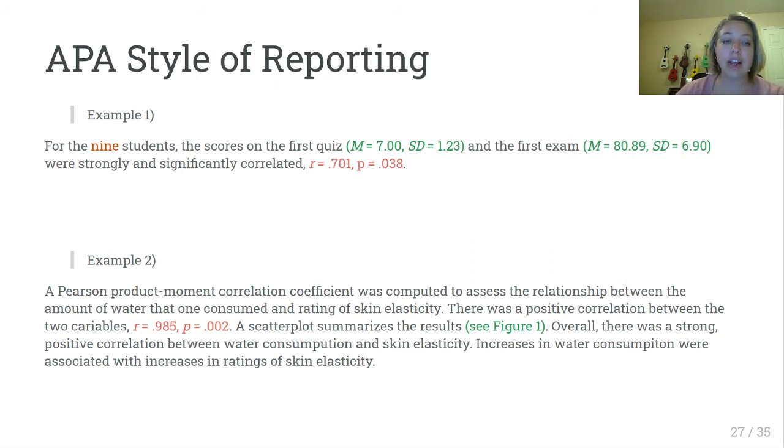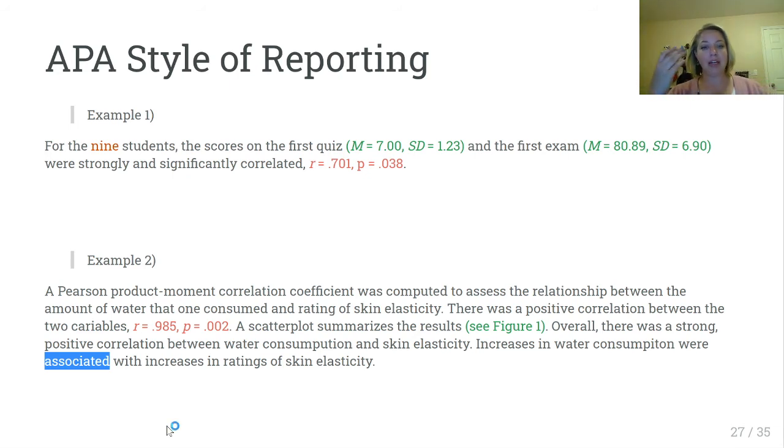So again, very careful here. We're only saying that there's an association. We're not saying that if we drink more water, we will have better skin. It might be that people that are healthier are automatically drinking more water, and people that are healthier have more glowing skin. There might be that third confounding factor if it was an observational study.